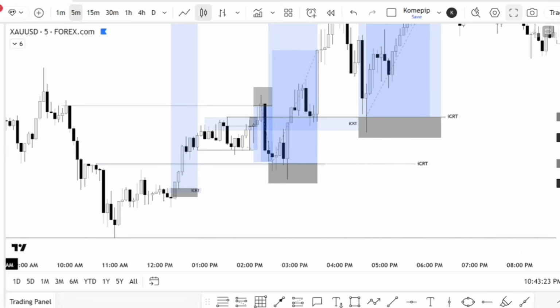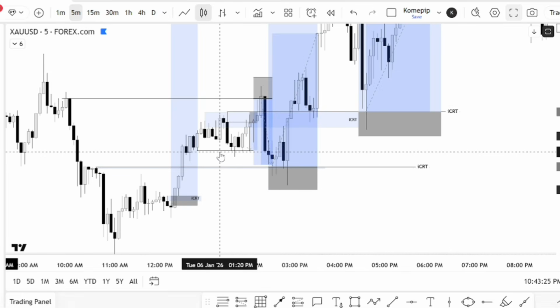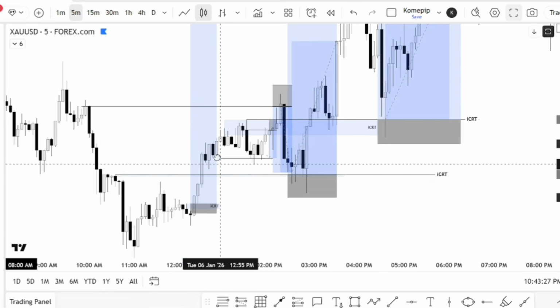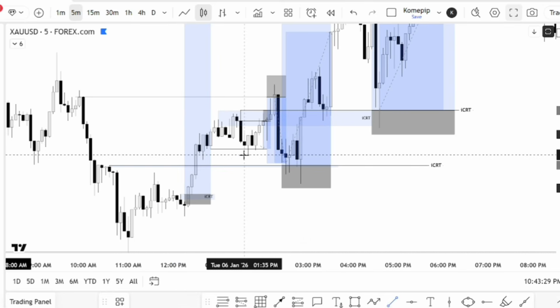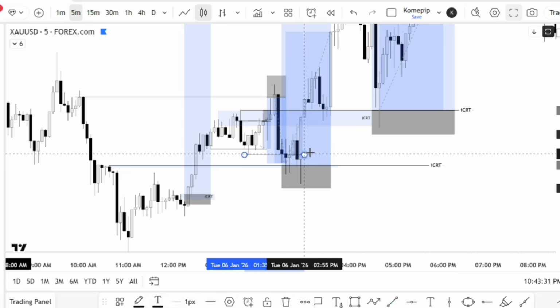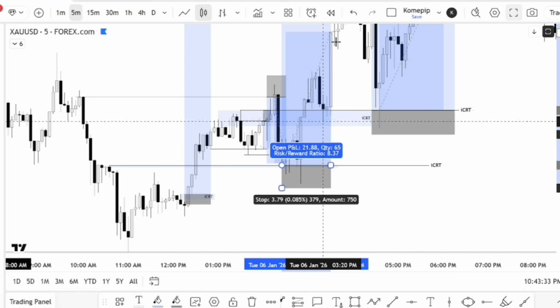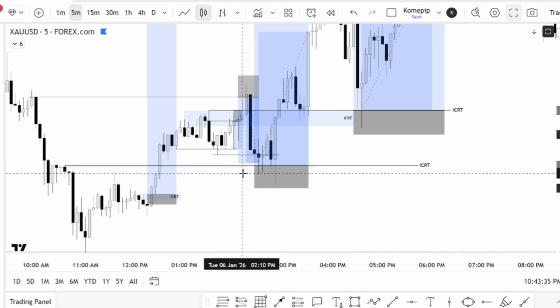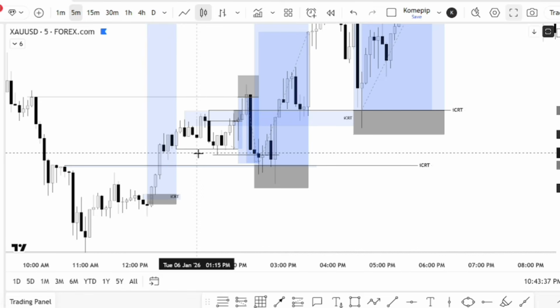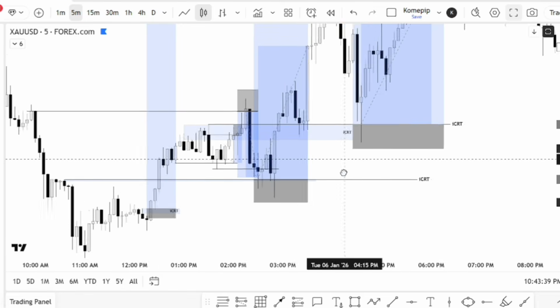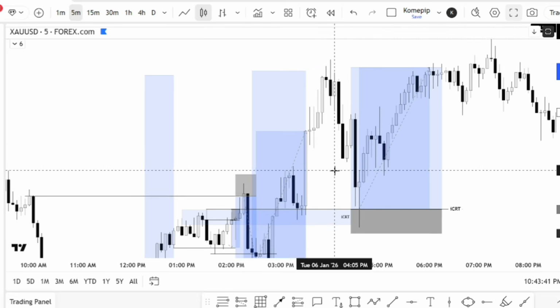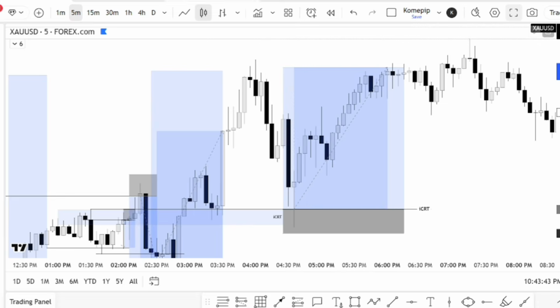Now there's something I also forgot to mention. There was a liquidity right here below this. There was a liquidity here that gave momentum to this particular trade. For those of you who trade smart money concept, you understand the importance of liquidity. All right, so let's check this real quick before we check this GBP USD setup.